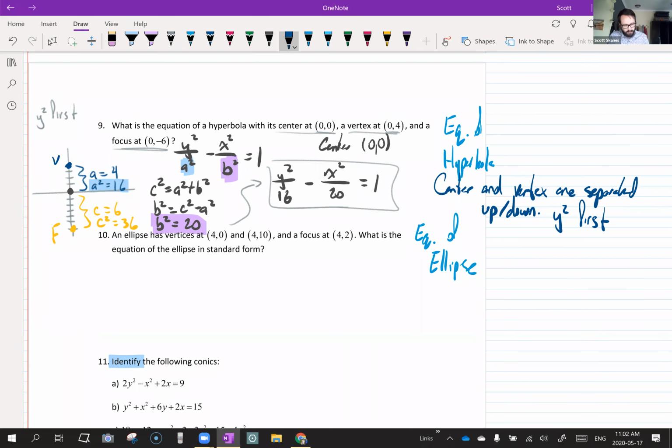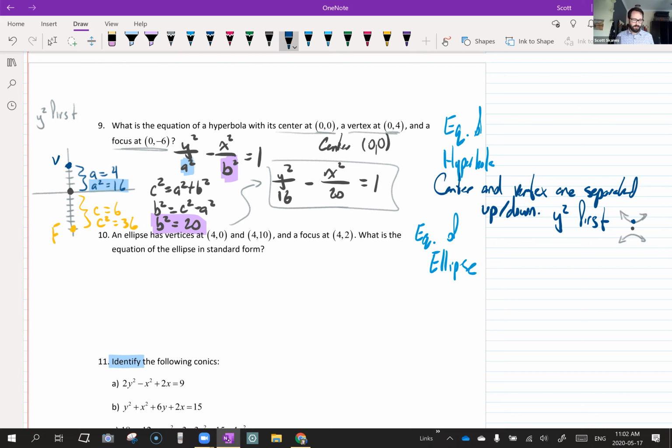I know that because if I was to graph this whole thing, it would look like this. The center being at the middle here, and the vertex would be on this, okay? So there's a lot of little pieces, but I'm trying to give you the smallest piece you can get through. So if the center and the vertex are a distance up and down, or the center and the focus are up and down, then it's y squared first.